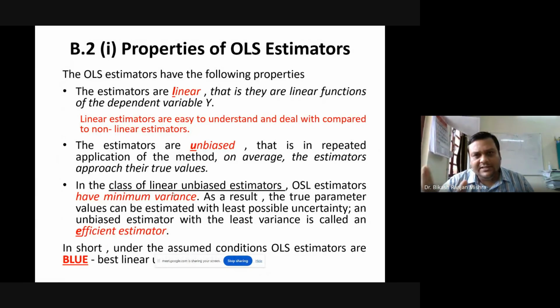The spread should be as small as possible, and that spread is captured through variance. So the estimator should give very little variance, and that minimum variance gives rise to an efficient estimator. If the variance is high, then that estimator will be considered inefficient. So efficiency is one indicator: less variance, efficient; high variance, inefficient.